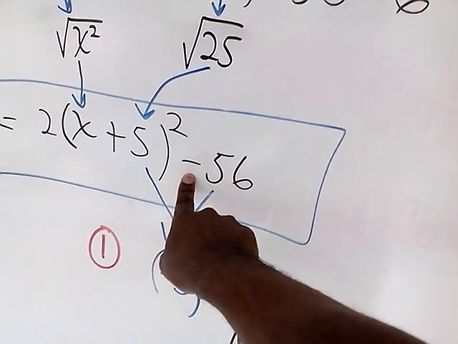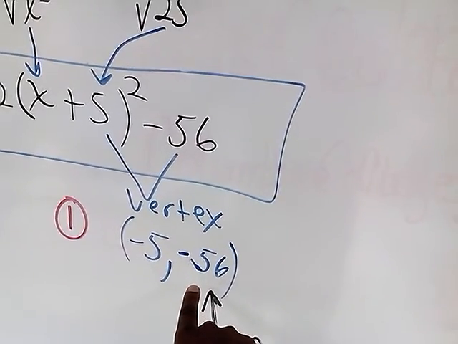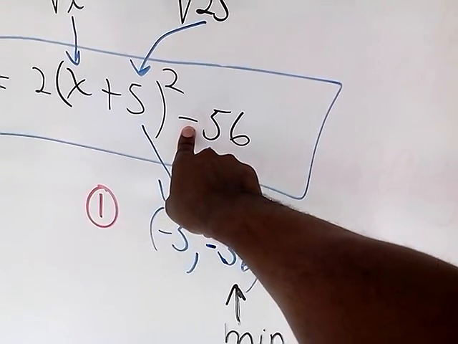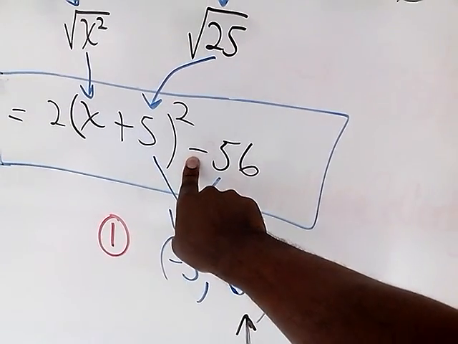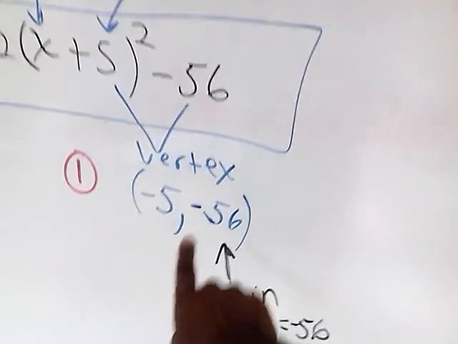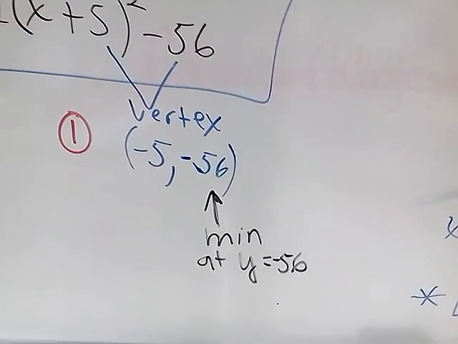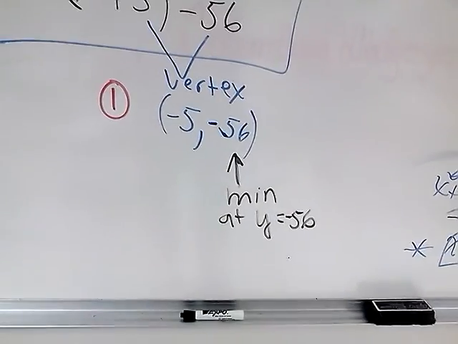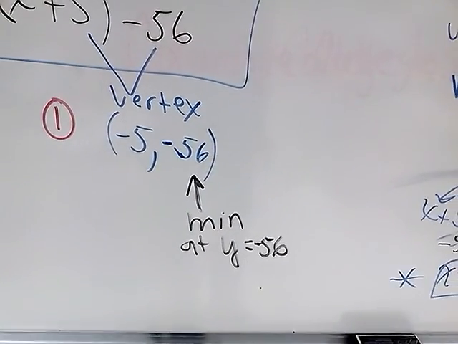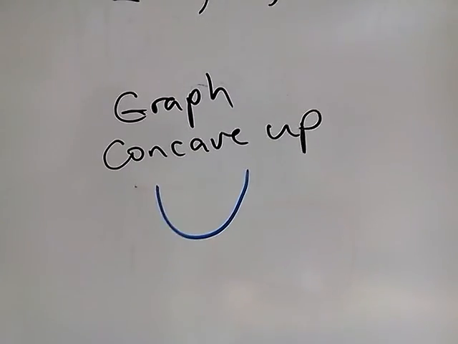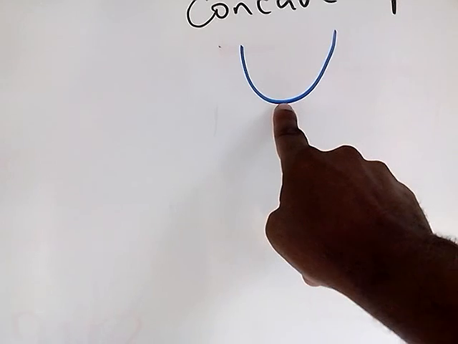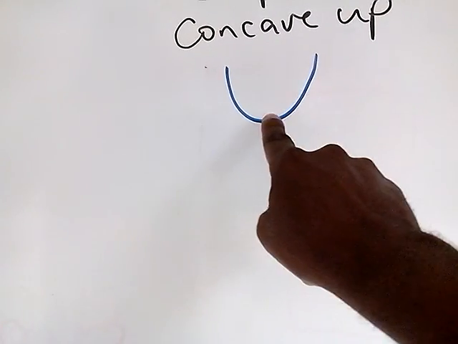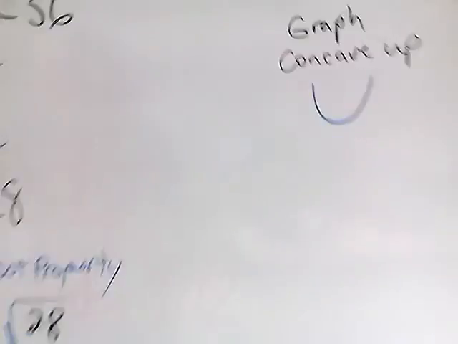Our formula has a plus there, and we have a minus here, so we use this sign because our formula originally has a plus in it. So we keep negative 56. The graph also shows us that negative 56 is a minimum because our graph concaves upward, and the bottom of the graph, where the graph changes direction right here, is negative 56.